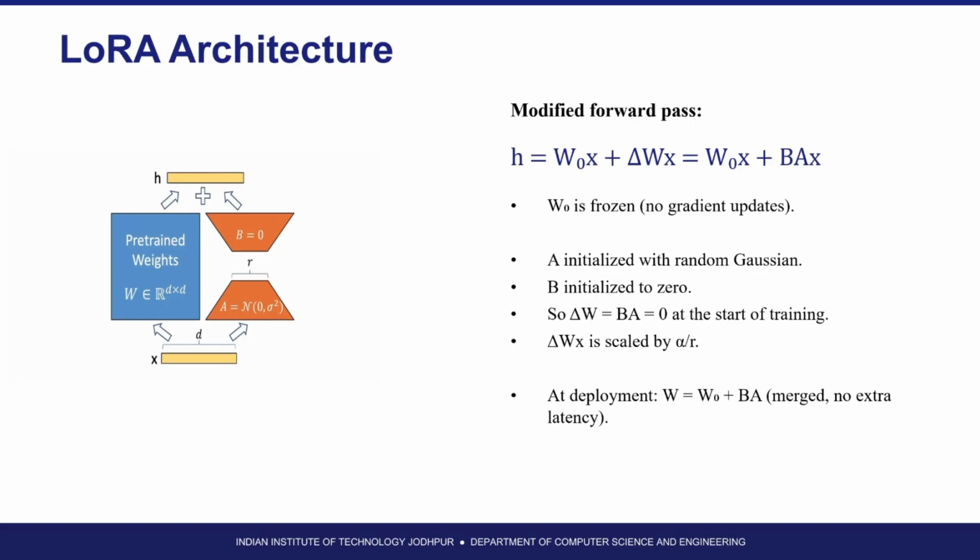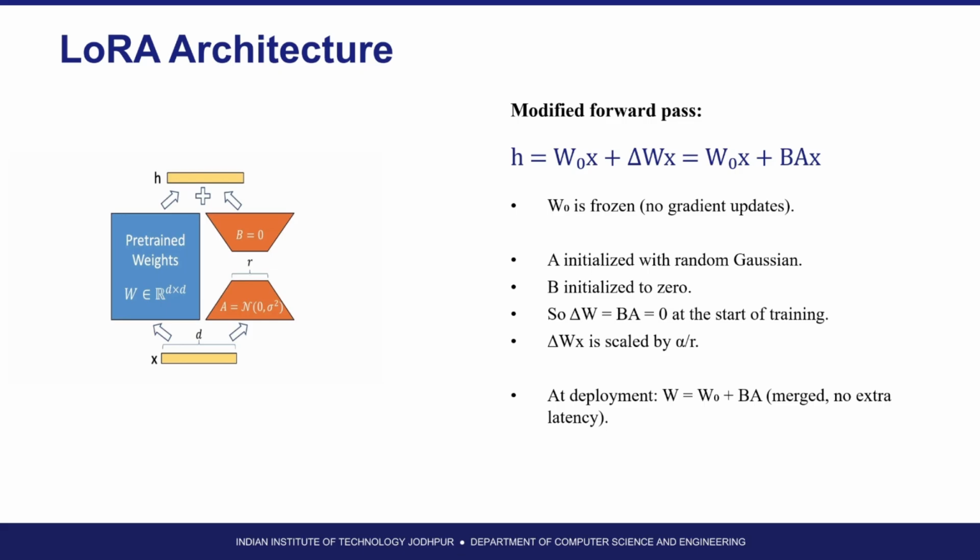Let's look at what the architecture of LoRA is. The modified forward pass is H is equal to W0x plus Del Wx, and Del W is equal to BA, so W0x plus BAx. Here W0 is the original pre-trained weight matrix and it stays completely frozen, no gradient updates at all.